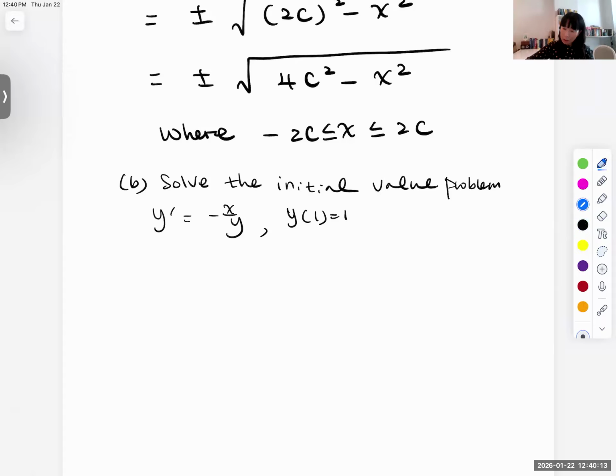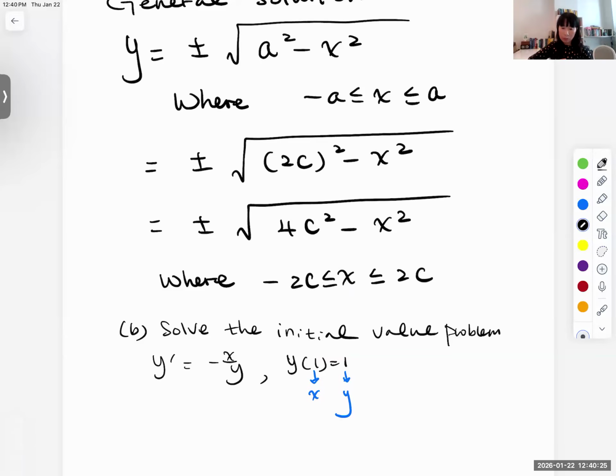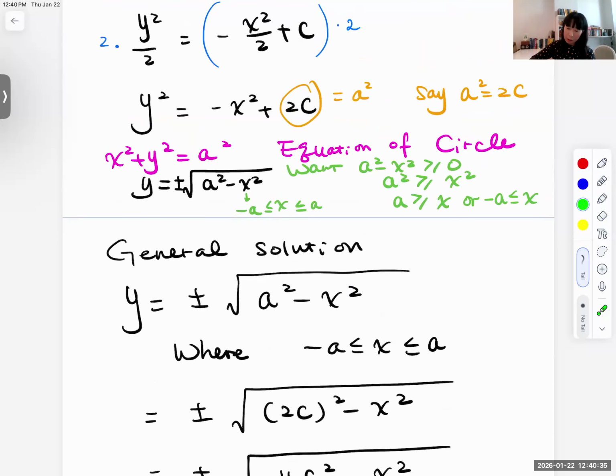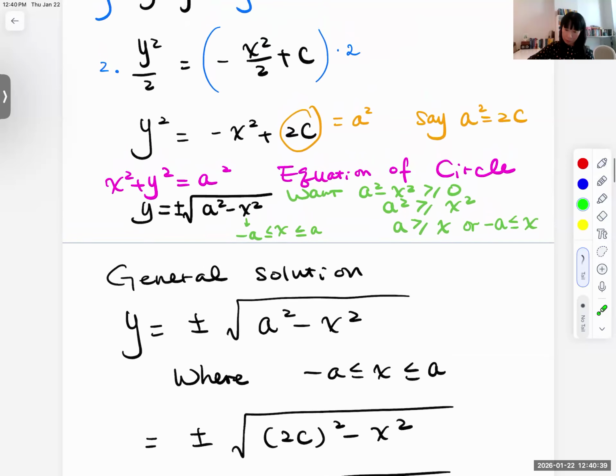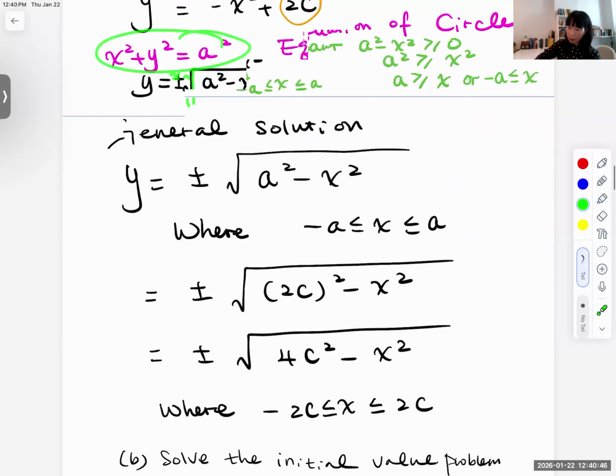So we have, this is x, this is y, right? Okay, so let's use the general solution, right? But we can use this one too, right? Because it's the same.